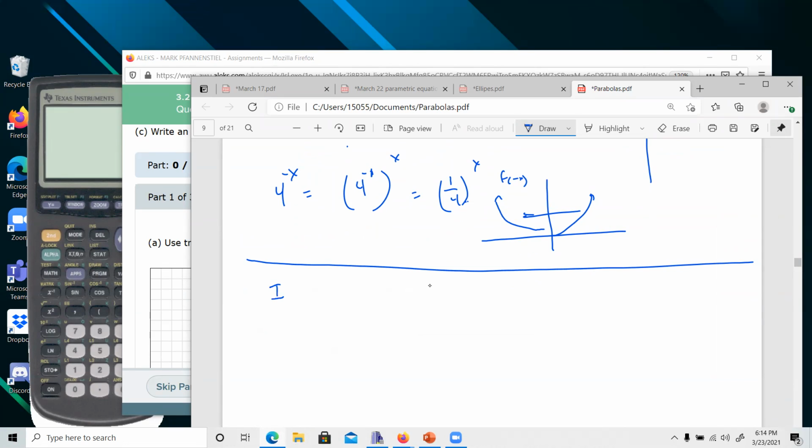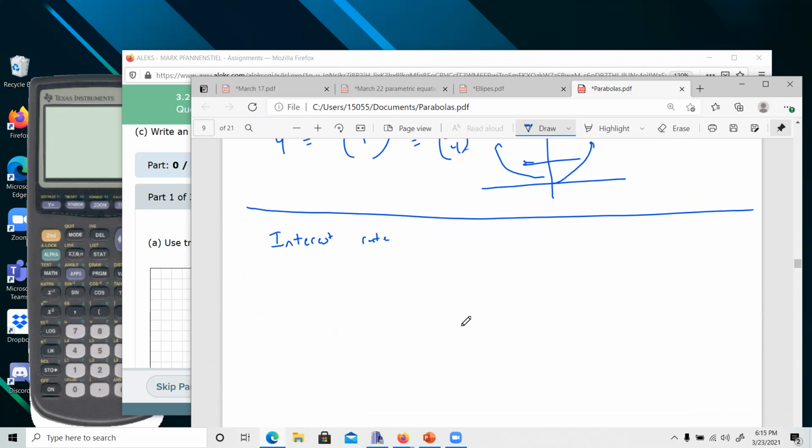Here is how credit cards screw us over. So the way we do compounded interest, that's what credit cards use, is compound interest. They compound it every month, and we pay them every month.